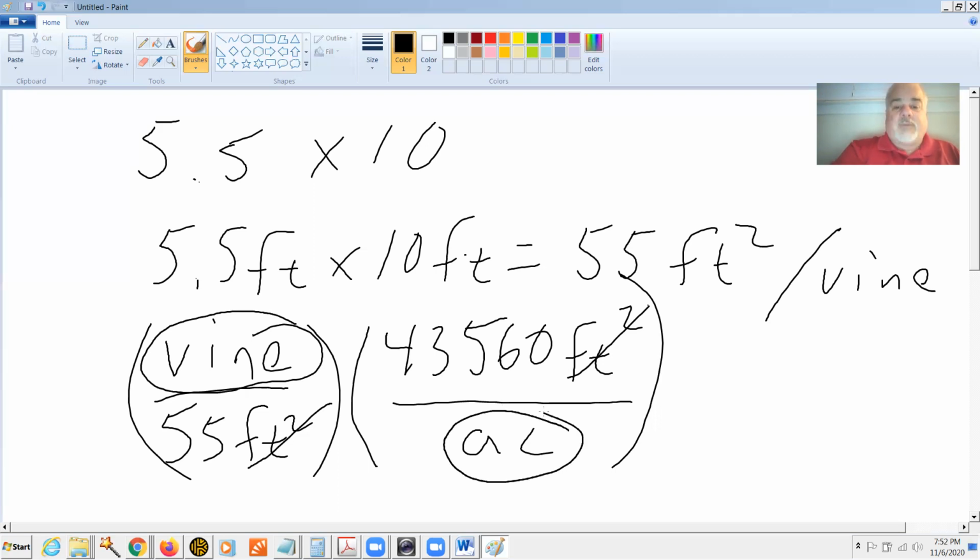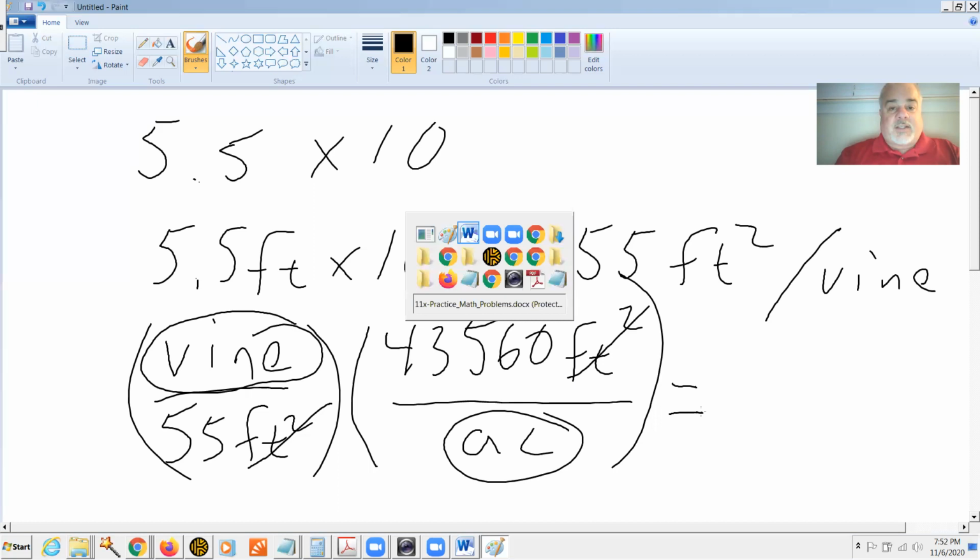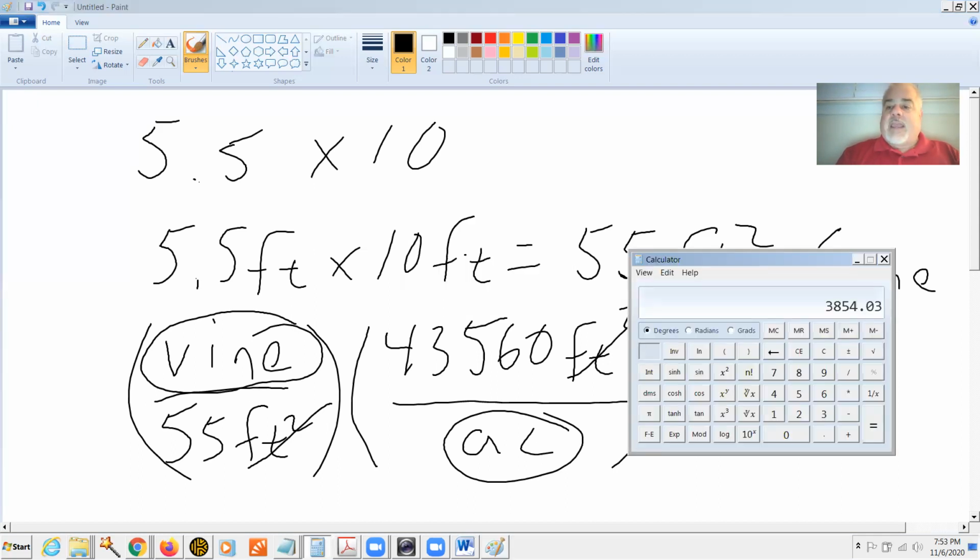Vines per acre. The problem is done except for plugging it into the calculator. So let's do that. Let's get the calculator. Thought I had it open. There it is. There's my calculator.